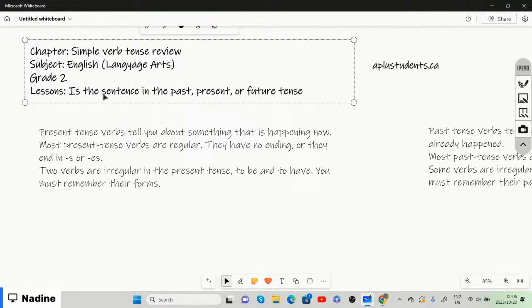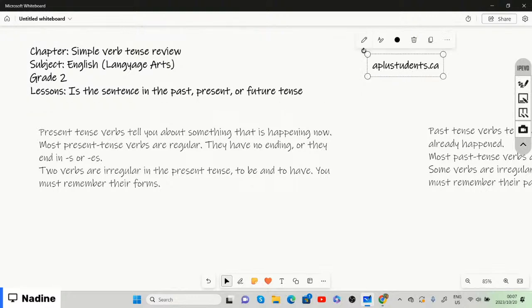If we listen to the chapter, it says simple verb tense review, which means that the verb shows action, it's the doing word, and tense shows either past, present, or future. So it's basically the action, or the doing words, within the past, the present, or the future tense.